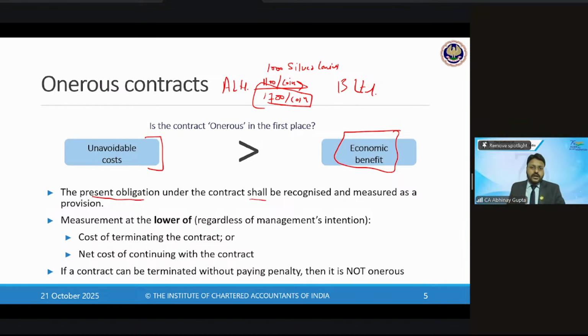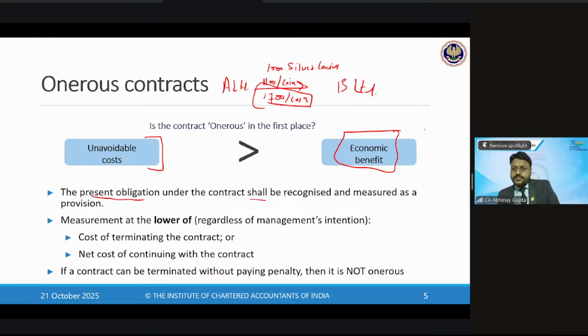So what will a prudent company do in this case? Either they will renegotiate the contract with B Limited, or if renegotiation is not possible, they will try to avoid fulfilling the contract, or see if they can cancel or terminate the contract, or default on the contract, and what would be the penalties leviable.